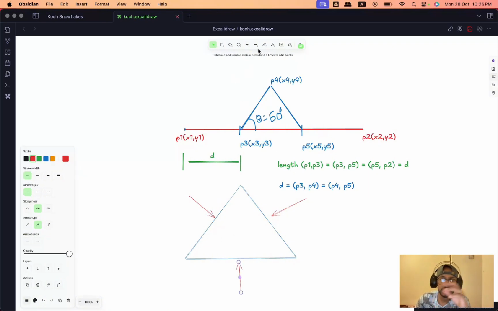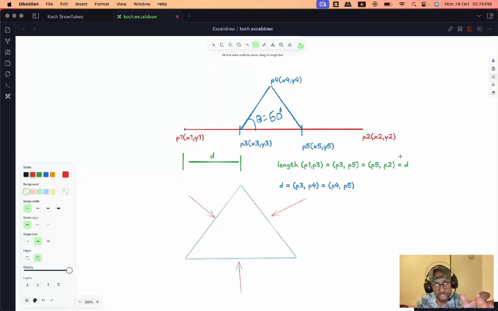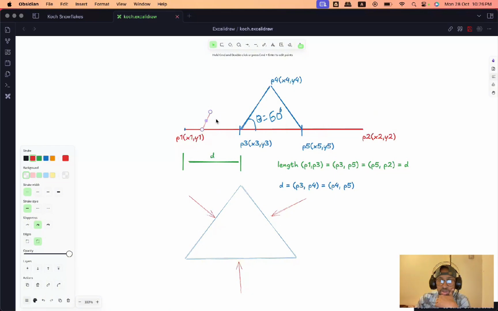This is the first iteration. In the second iteration, we apply the rule for example to the subsegment from P1 to P3, so it will look like this. And this one will look something like this.